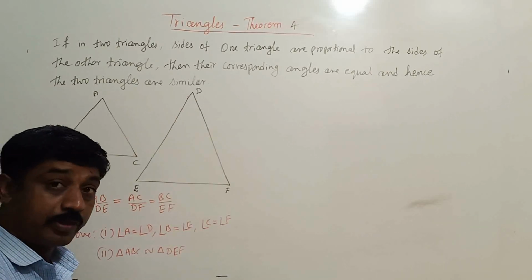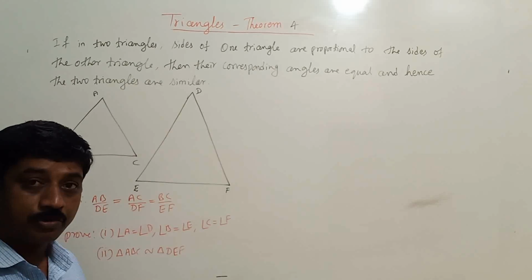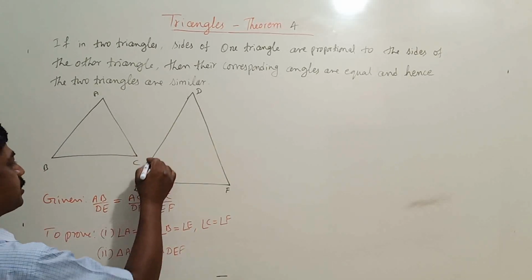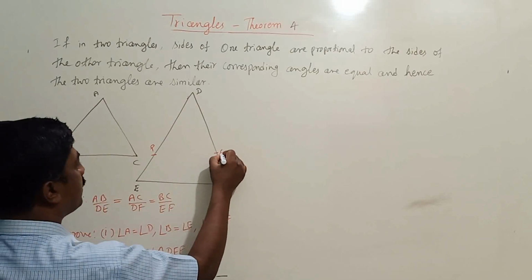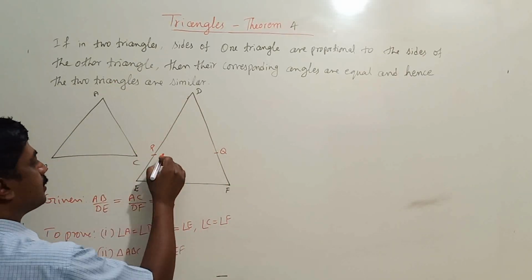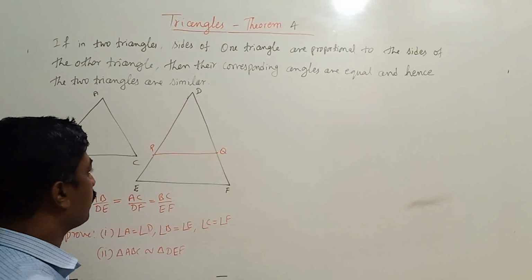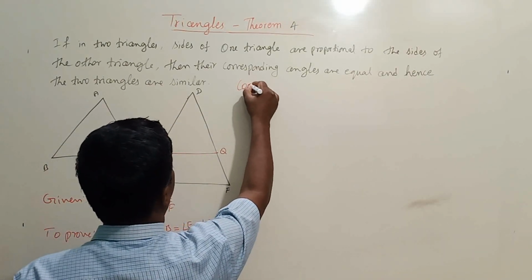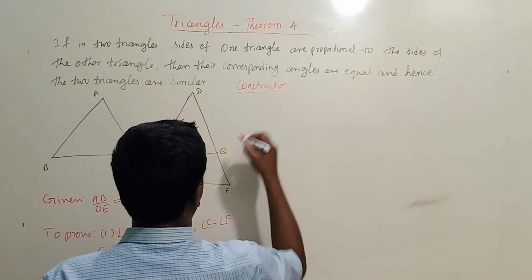Now, in the previous theorem, we did one construction. The same construction we are going to use. Cut DP equal to AB and DQ equal to AC. Join PQ. That's the same construction we follow. So I'm writing here the construction.